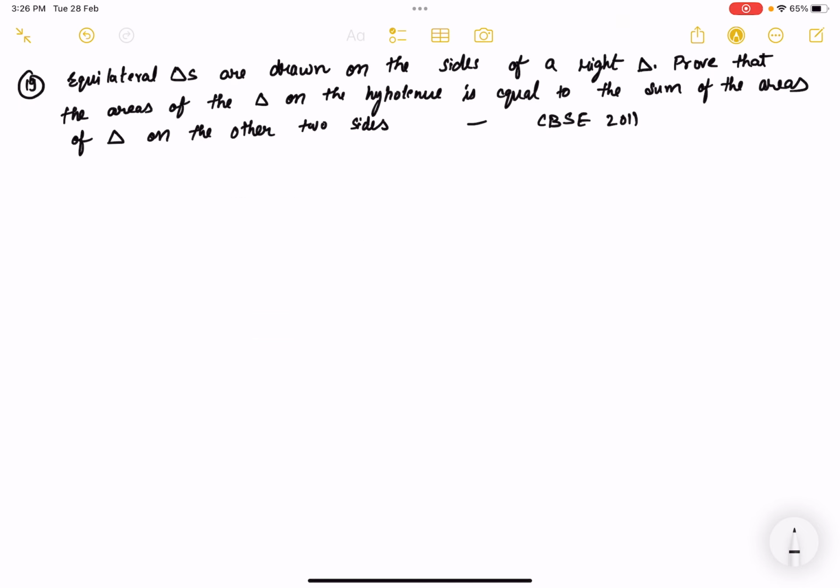Now take up the 19th example. In this question, equilateral triangles are drawn on the sides of a right angle triangle. So let's first draw a right angle triangle, and the question says let this be A, B, C. This is a right triangle.